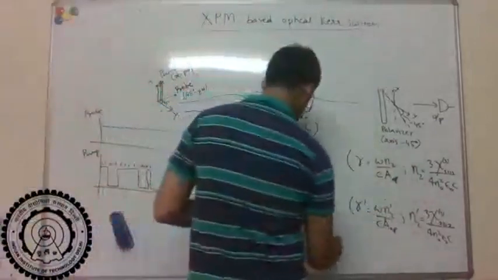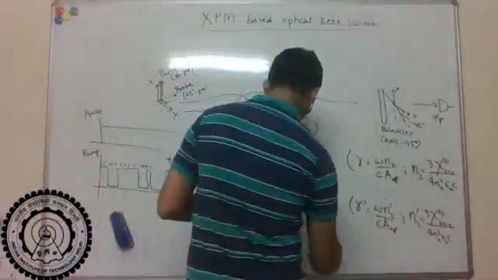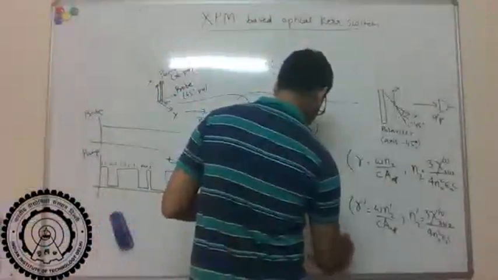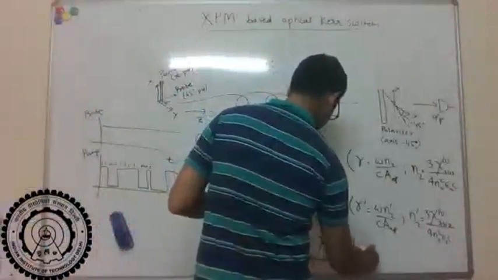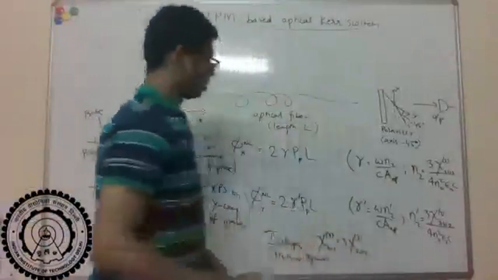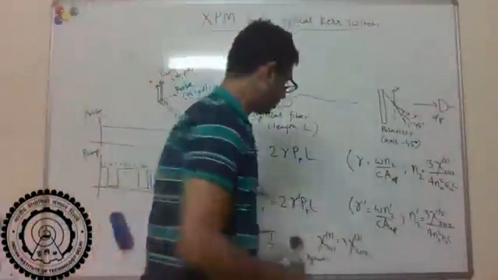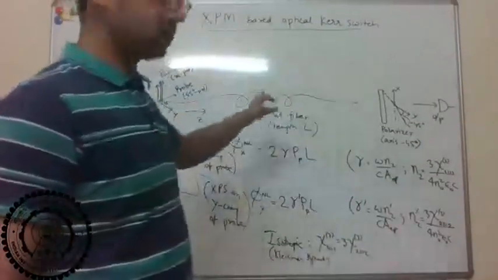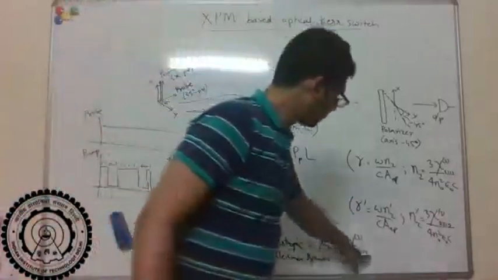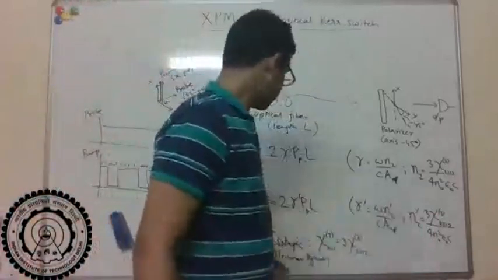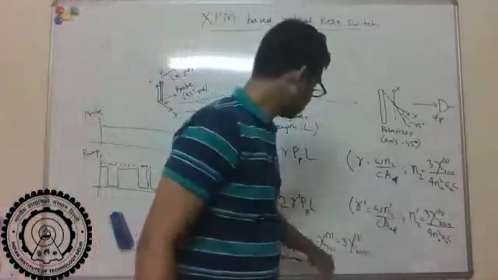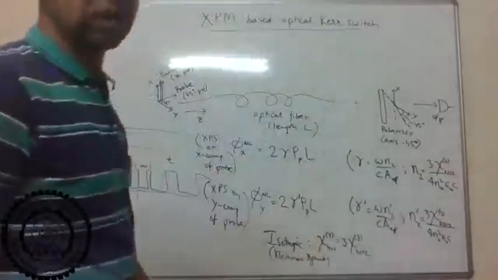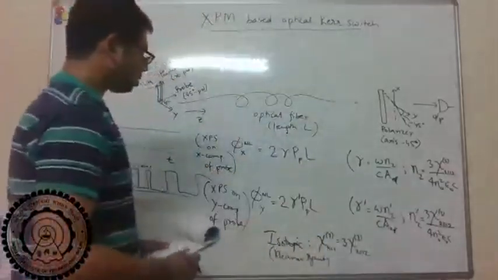If you recall, chi 1 1 1 1 is 3 times... remember we could write chi ijkl as these elements times delta ij, delta kl, etc. Under Kleinman symmetry, those 3 terms are equal, and so chi 1 1 1 1 is 3 times the one with 2 of them the same.